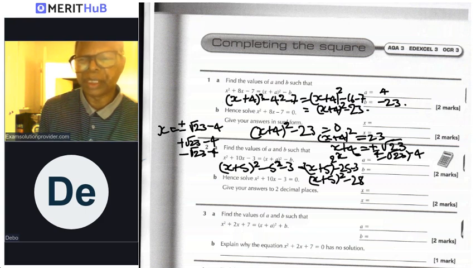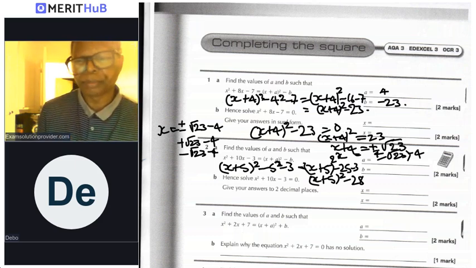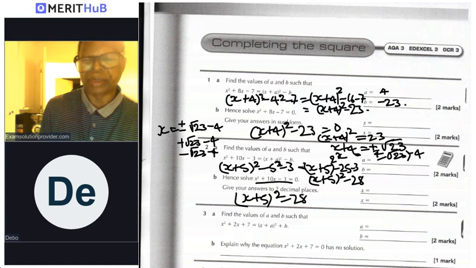So A is 5, B is minus 28. And then we solve this. You can see this function is exactly that function, so all we need is the same as this one: x plus 5 brackets squared minus 28 equals 0.